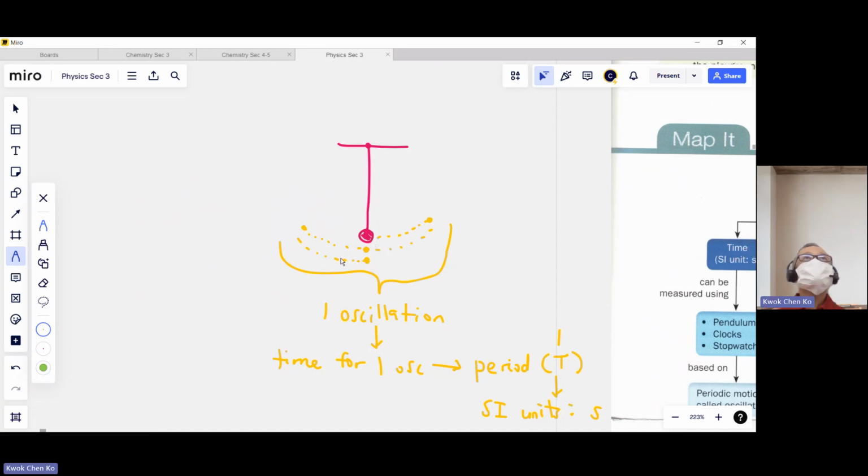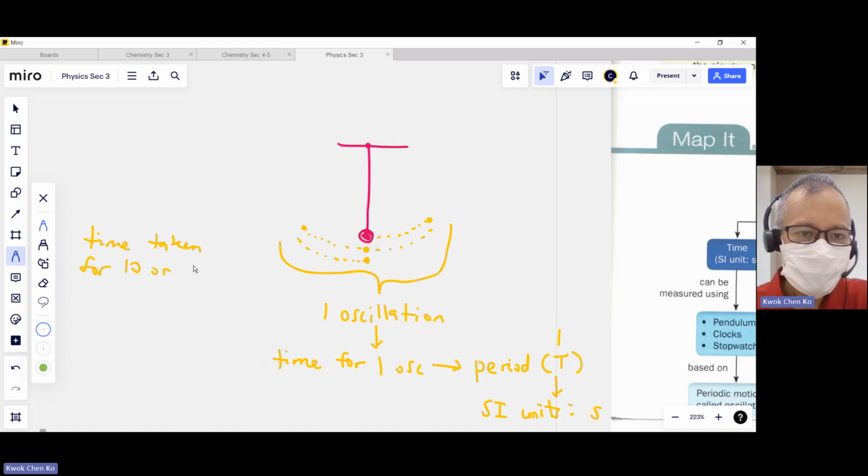Okay, finally, a typical pendulum can oscillate pretty fast. So it doesn't make for good accuracy to just measure one oscillation. Instead, we tend to measure, let's say, 10, or maybe even 20 or even more than that, oscillations.